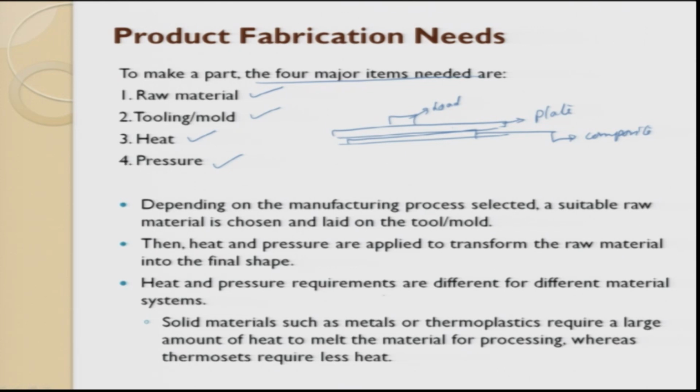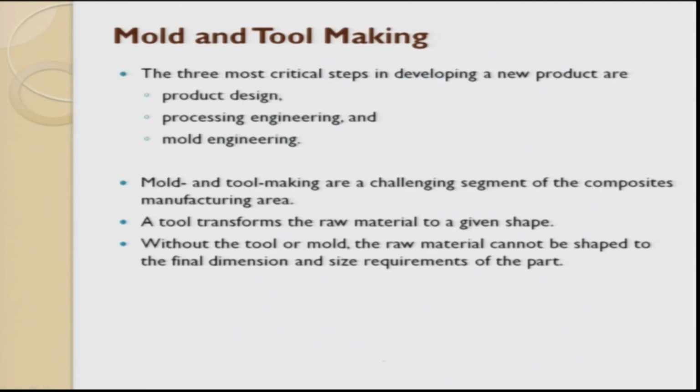The heat and pressure requirements are different for different processes. Solid material such as metal or a thermoplastic requires a large amount of heat to melt the material for processing, whereas thermosets need very little heat for processing. Mold and tool making: the 3 most critical steps involved in new product development are product design, processing engineering and mold engineering.